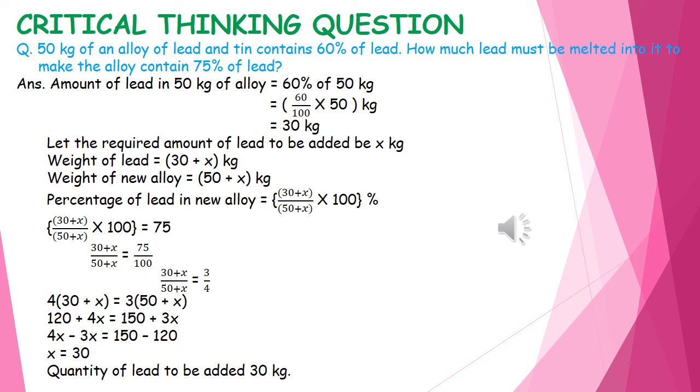When we are opening the bracket, we are getting 120 plus 4x is equal to 150 plus 3x. Now we are transposing all the terms containing x to the left hand side, and the other terms to the right hand side. So 4x minus 3x is equal to 150 minus 120. While transposing, we are changing the sign. So x is equal to 30.